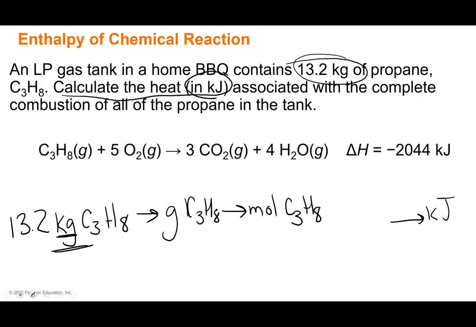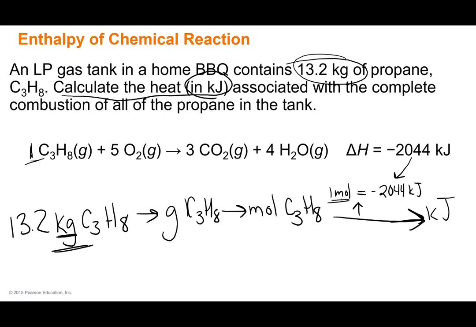So with that equality, we now have a way to get from moles of propane to kilojoules. We're going to use the relationship 1 mole equals negative 2044 kilojoules. If we were dealing with oxygen here, this wouldn't be 1 mole. It would be 5 moles. But since we're dealing with propane, we're using this number 1 from the chemical reaction, that coefficient there.